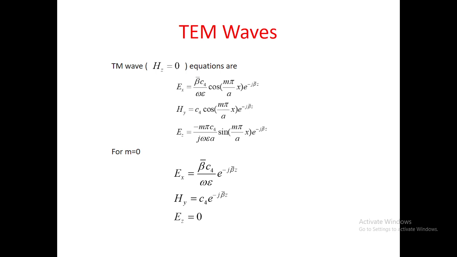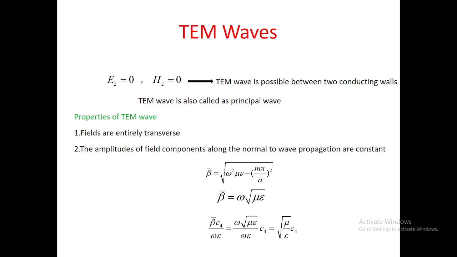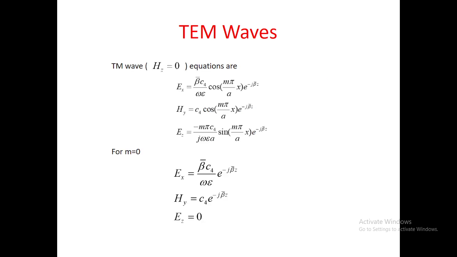Taking the TM wave equations, suppose m equal to 0, then you get Ez equal to 0, and already Hz equal to 0. So Ex, Hy are not equal to 0. That means a TEM wave is possible between two conducting walls only for m equal to 0 of the TM wave. Other than this condition, a TEM wave is not possible between two conducting walls.